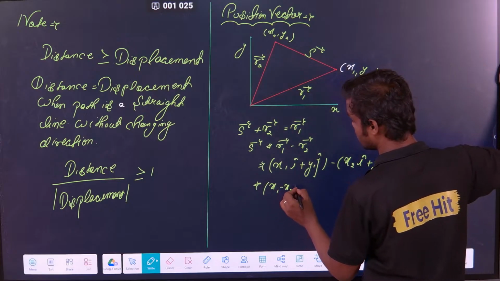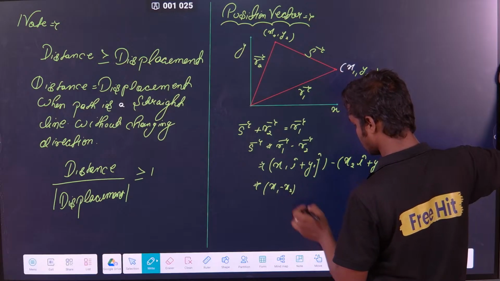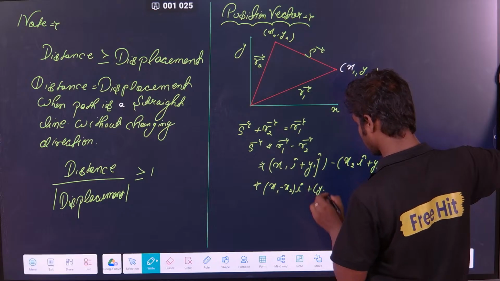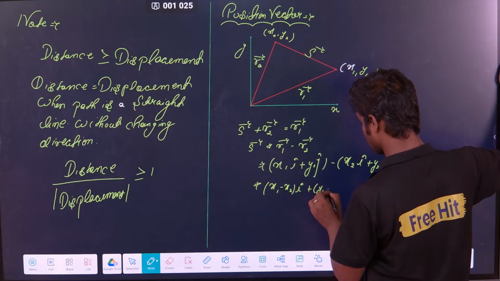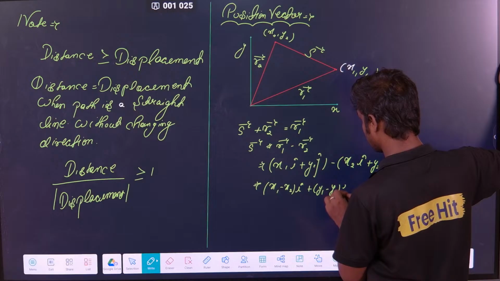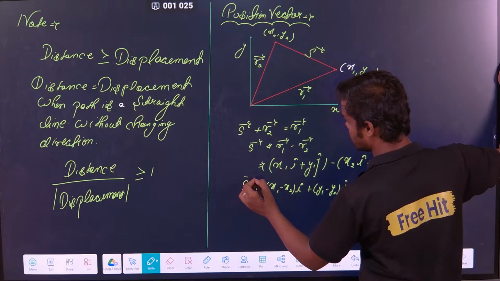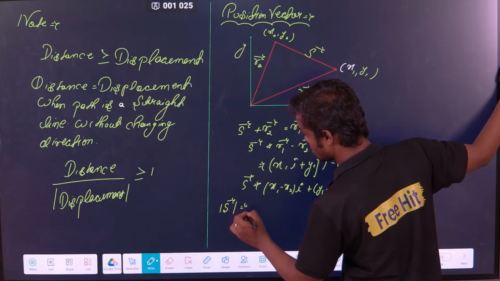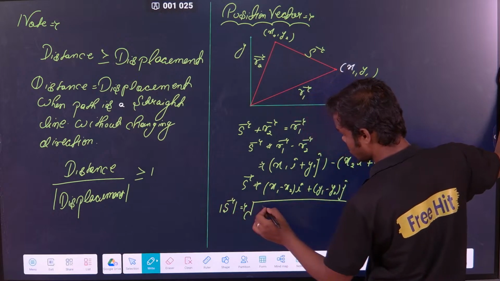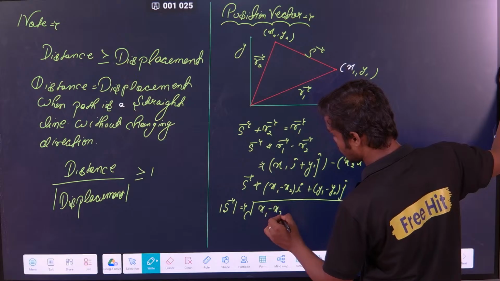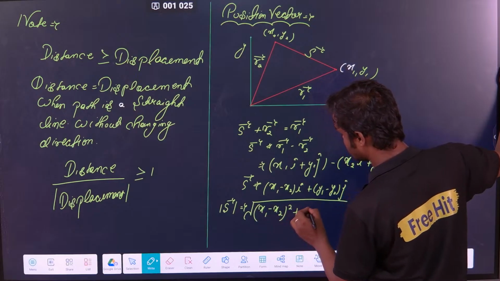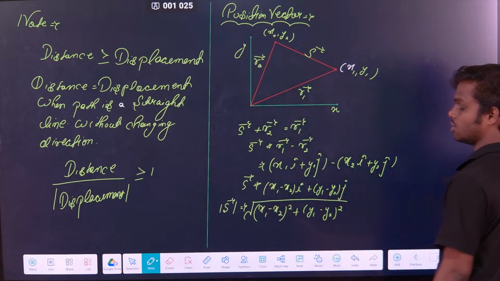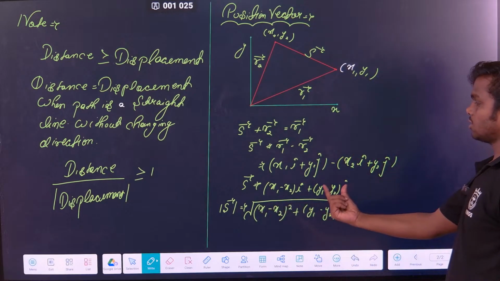So s vector is (x1 minus x2) i cap plus (y1 minus y2) j cap. If I calculate the distance or magnitude, it will be this, correct? And this is called the s vector.